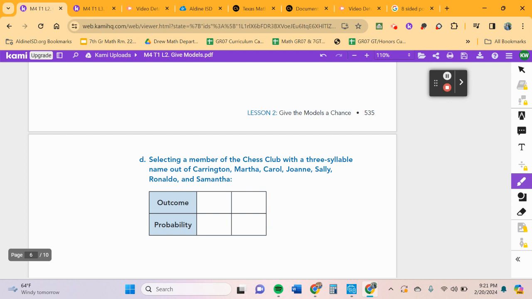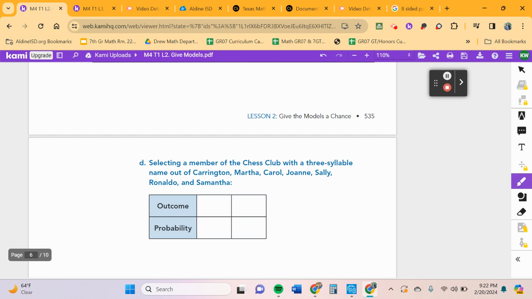This is hard to explain. I'm a math teacher, but for example, Carrington. Carrington. I just clapped 3 times because that's how many syllables are in the name Carrington. Even Ronaldo and Samantha. So you're figuring out the probability of choosing a chess club member with 3-syllable names and the ones that don't have 3-syllable names.